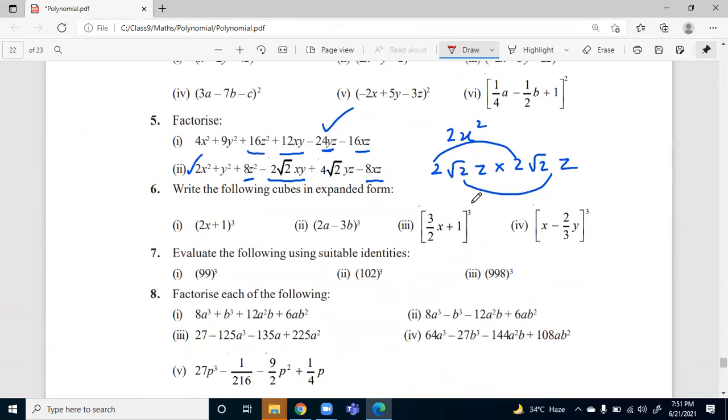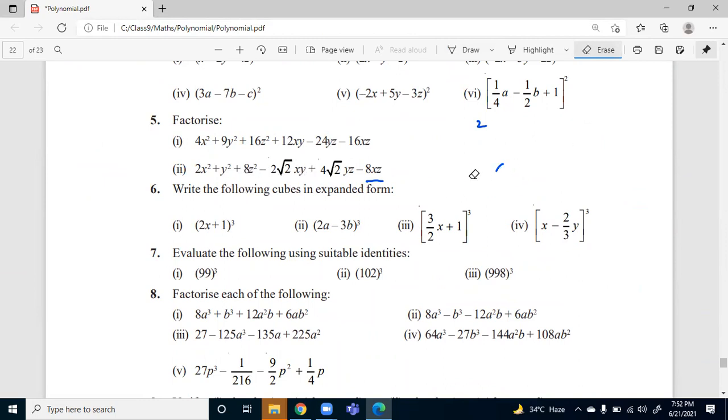So let's move to question number 6, which works on identity number 6 and 7. Okay, so the first is a plus b or x plus y whole cube. So what is the identity I am writing on the screen?